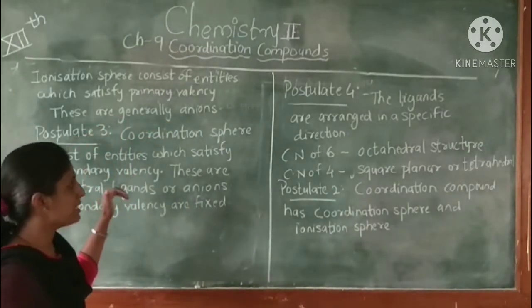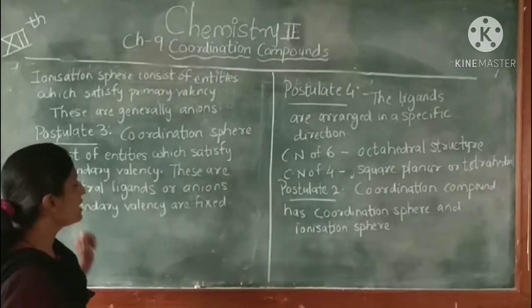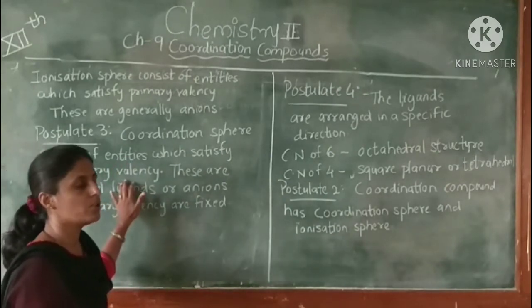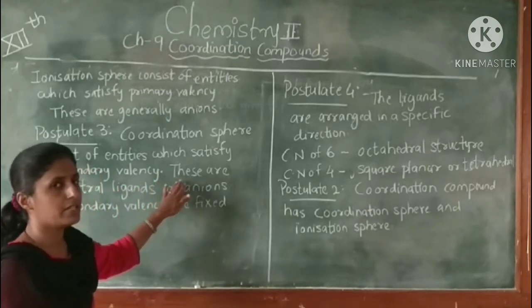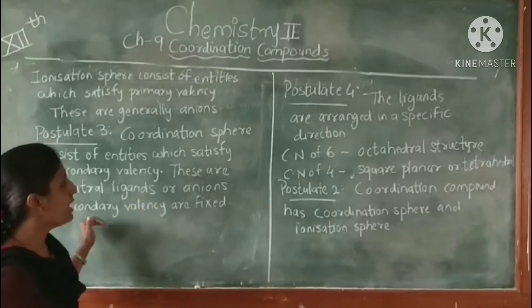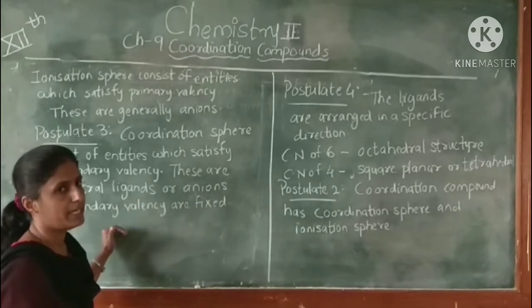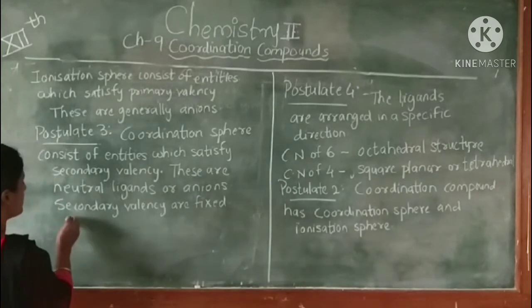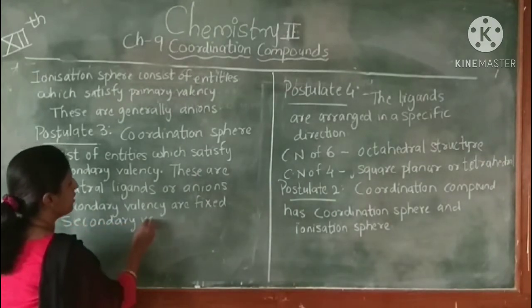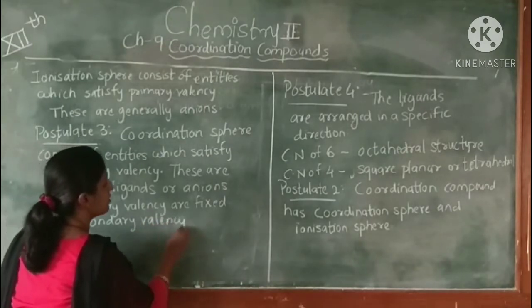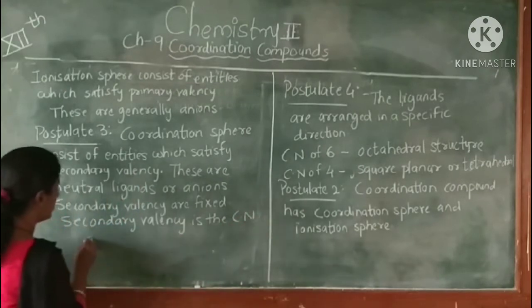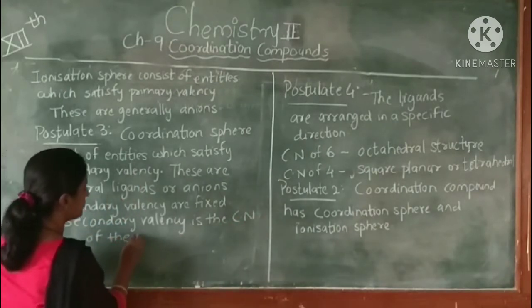Postulate number 3 states that the coordination sphere consists of entities which satisfy the secondary valency of the metal atom, and these are generally neutral ligands or anions. The secondary valencies of a metal are fixed. The secondary valency is nothing but the coordination number of the metal.